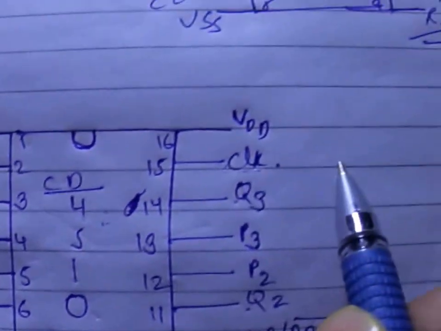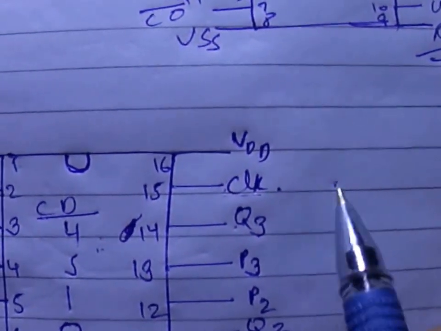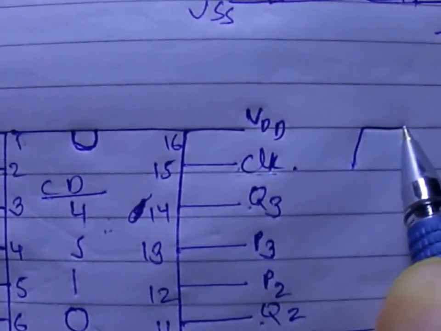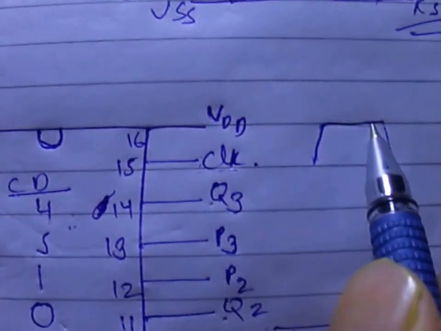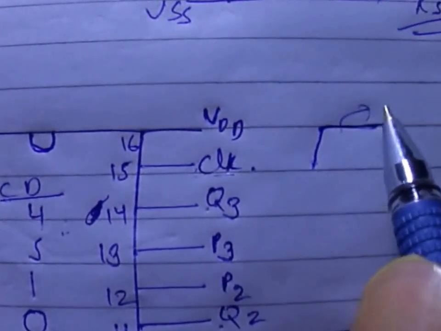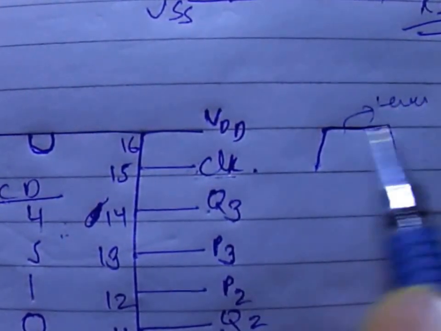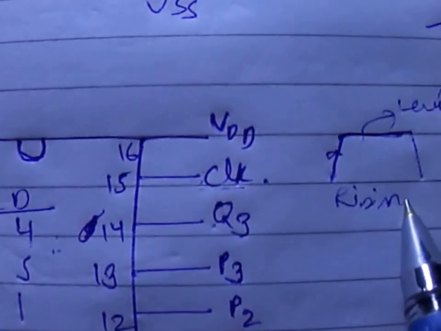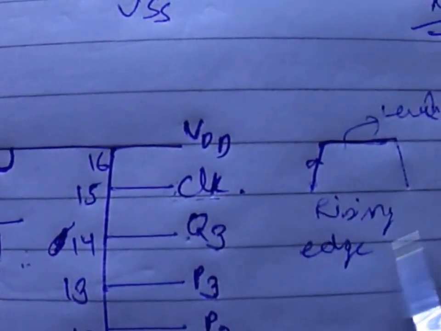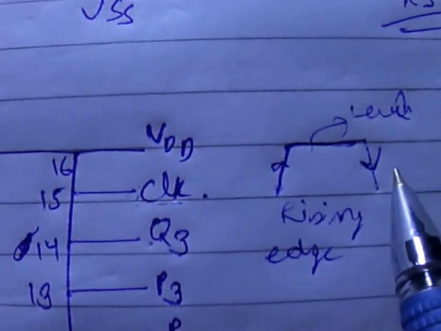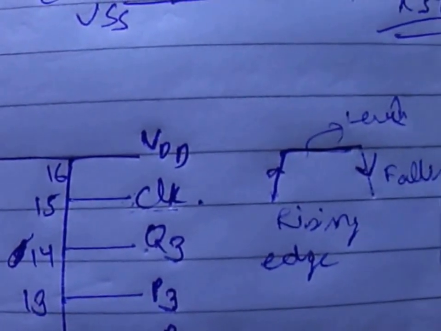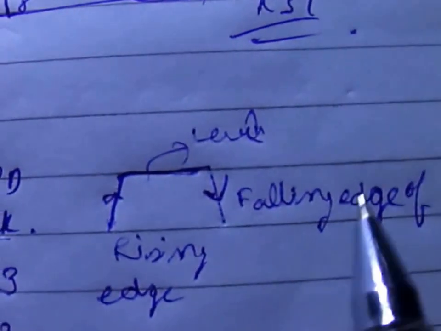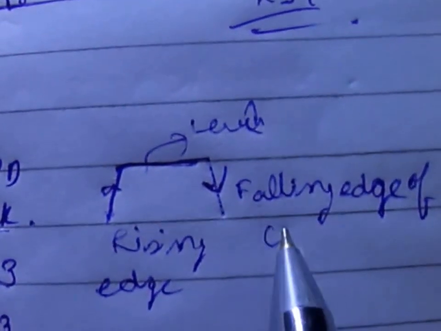Edge triggered means it is triggered, or a count is increased, on the edge of a clock, not on the level. This is level, this is rising edge, and this is falling edge of clock.